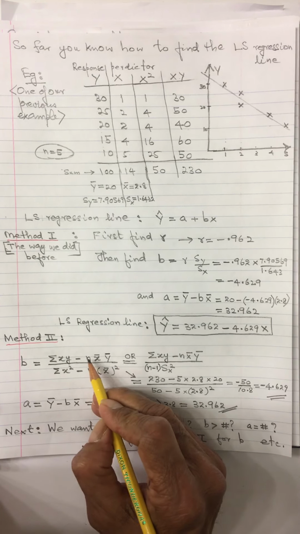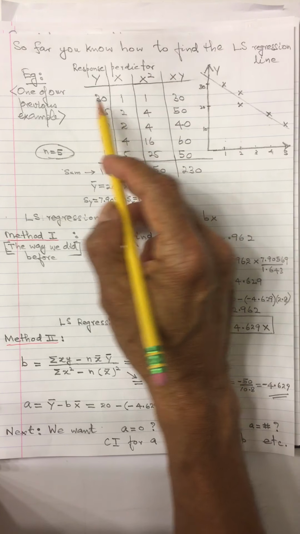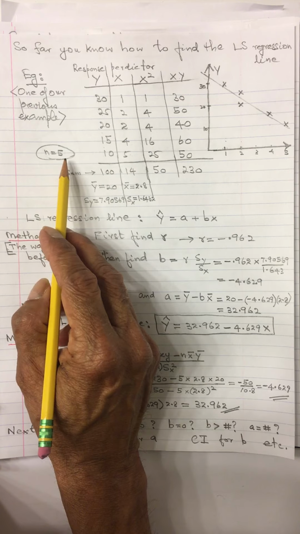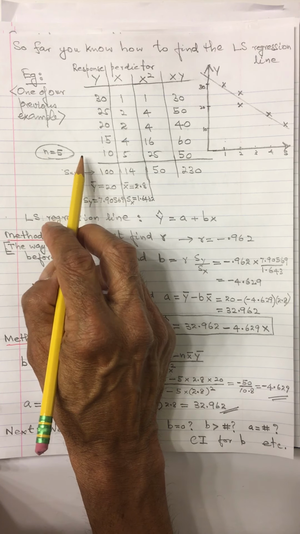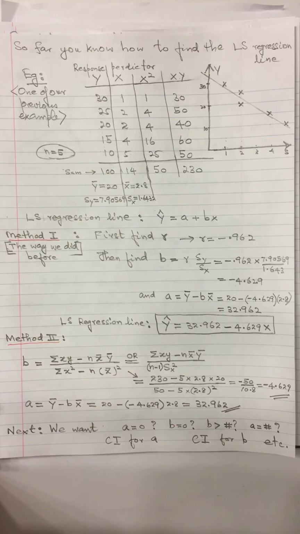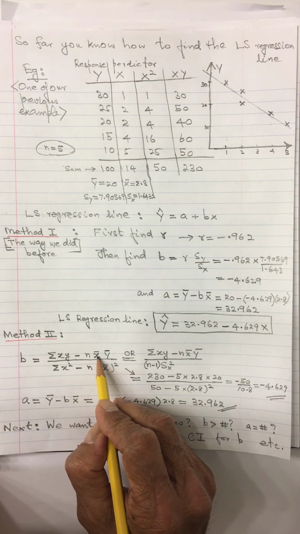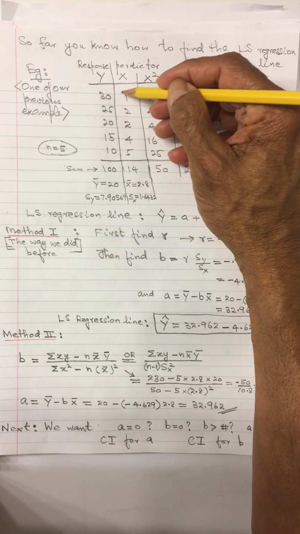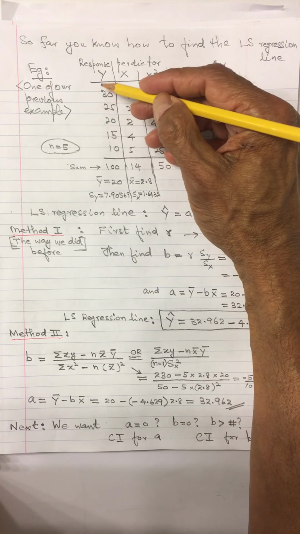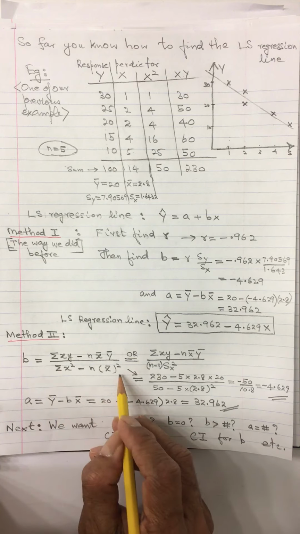Then times n, the number of pairs you have. Here you have 5 data points. When I refer to a data point, I'm referring to one pair. So n equals 5. So that times x bar, the average of x, times y bar, the average of y, divided by this quantity.